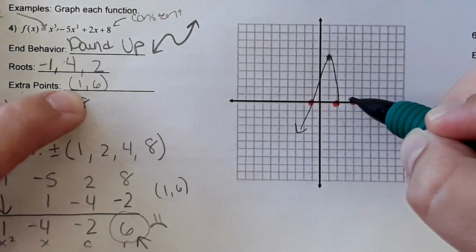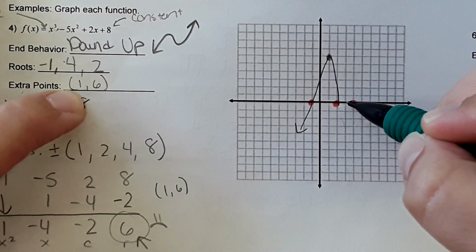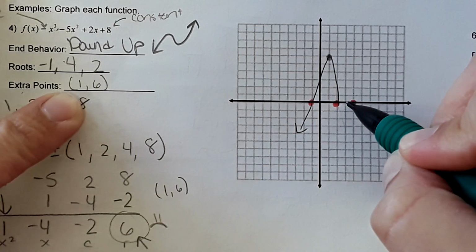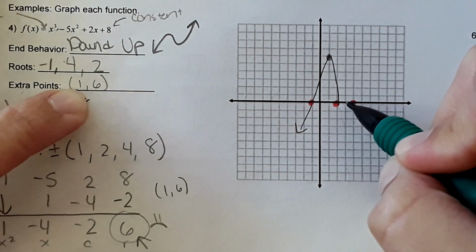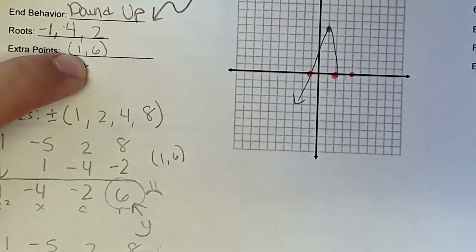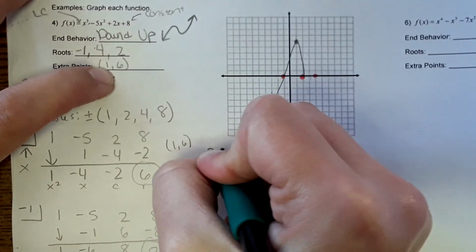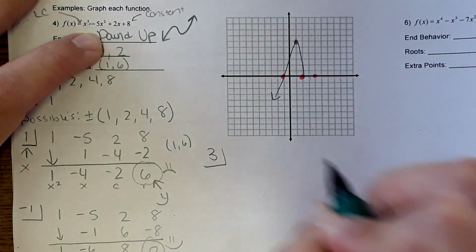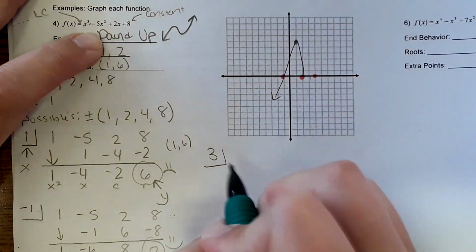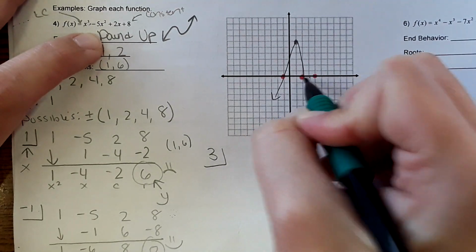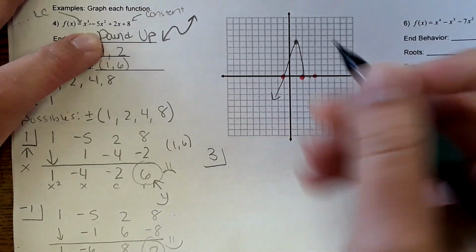So we're going to choose the number in between these 2 points, which would be 3. Plug that in and see what we get out. I'm going to divide out a 3. Whatever the remainder is will be the y-coordinate. I'm choosing 3 because it's in between these 2 points and I need to see where the point is here.